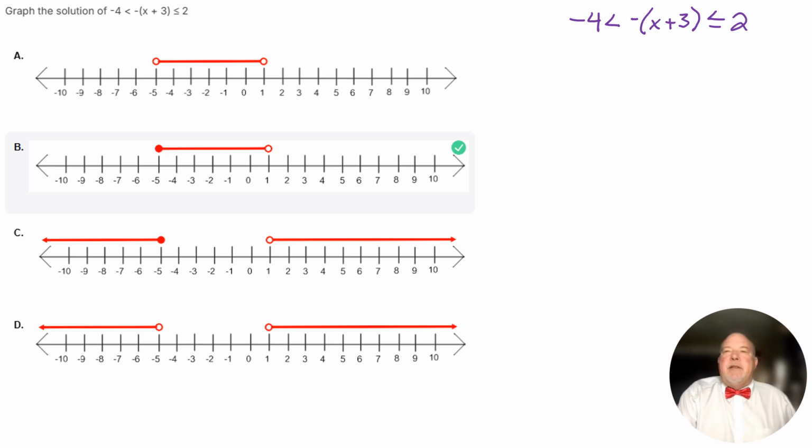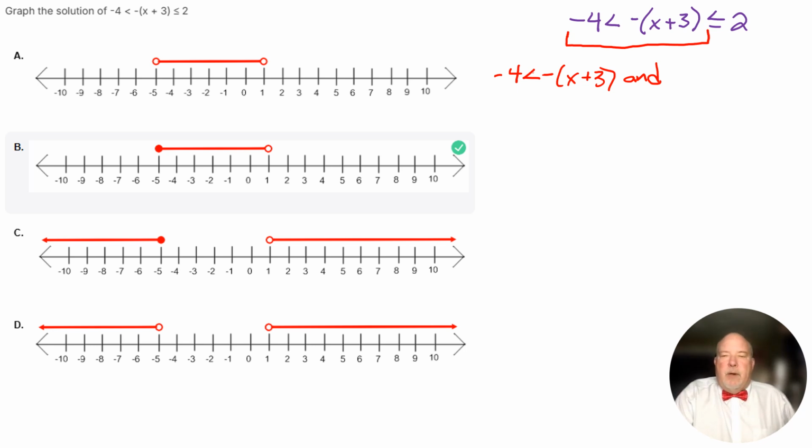To break this up, I'm going to put little brackets here. This is going to be one of my inequalities. So -4 is less than or equal to negative x plus 3. And I told you this is an and, so I'm going to put the word and between these two things.